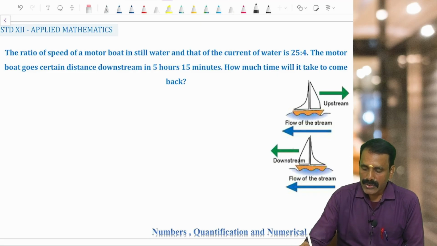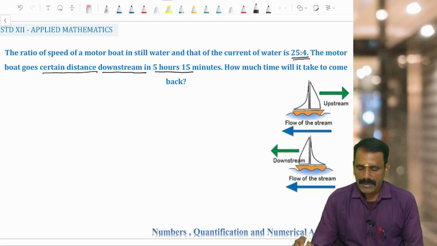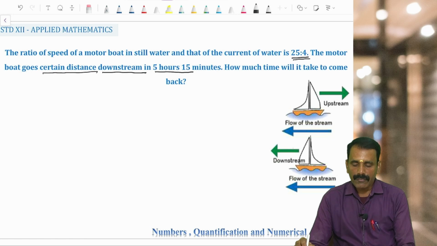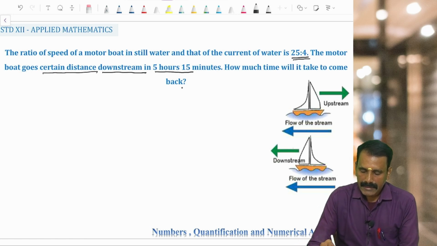It is given in the ratio. The motor boat goes a certain distance downstream. Time taken is going to be 5 hours 15 minutes. So we are supposed to find how much time will it take to come back.